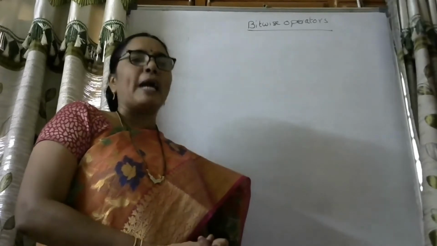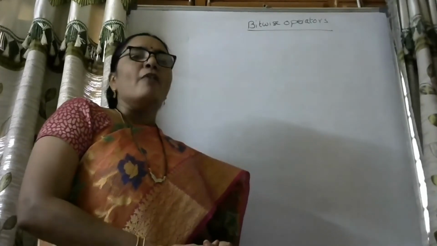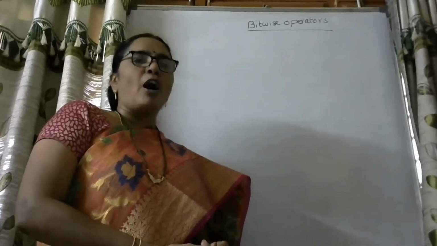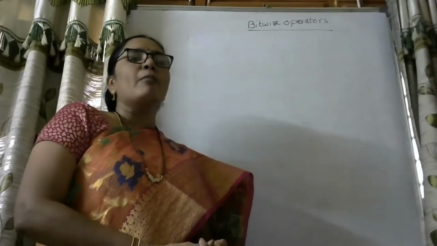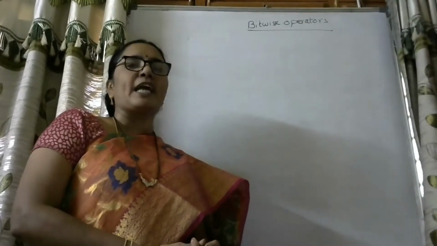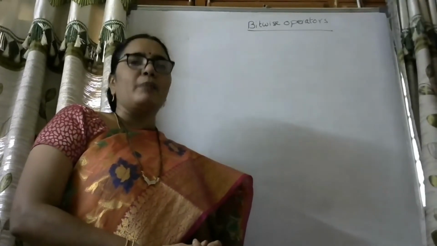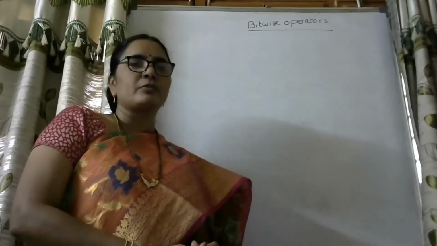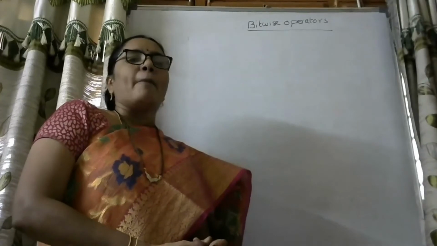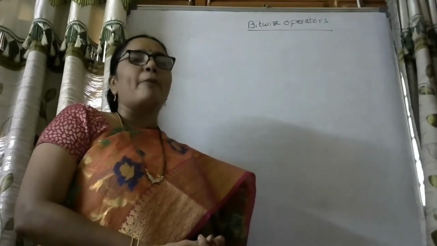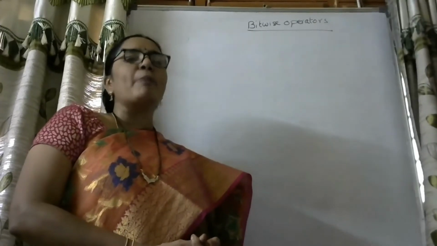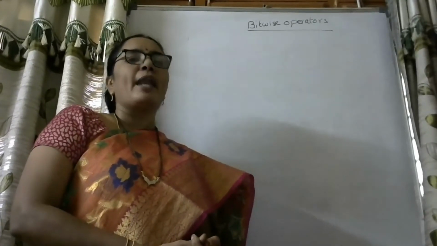When the computation is performed on the individual bits of the binary number, such an operator is called a bitwise operator. Bitwise operators perform computation on the individual bits of your number.